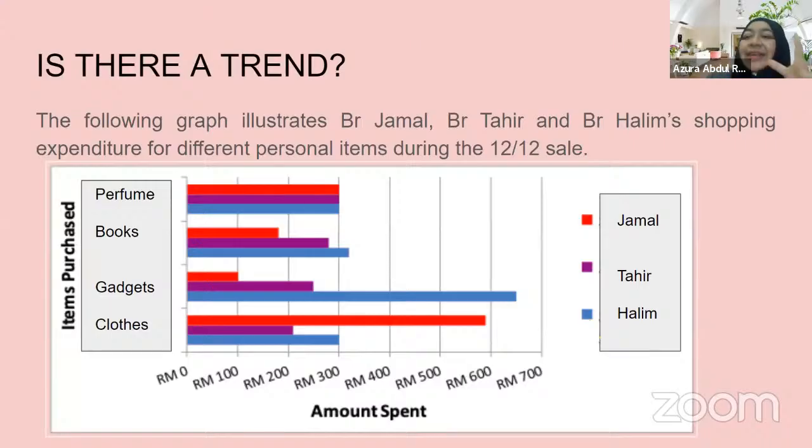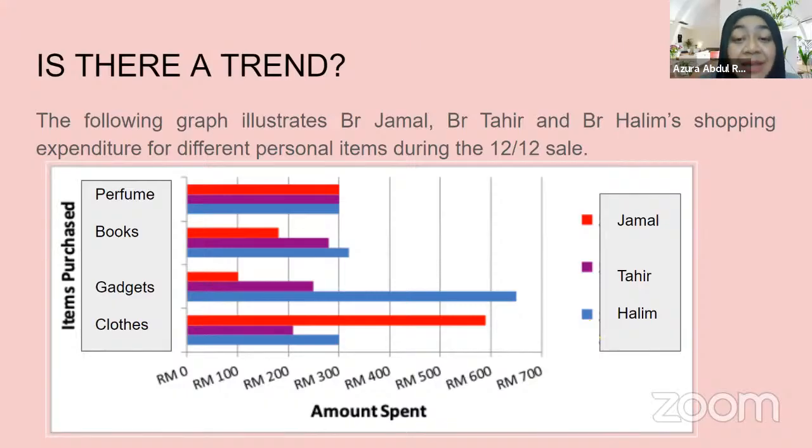So there's a variety again of how you want to describe the graph. You don't just say that Halim bought about 320 ringgit worth of books and about 650 ringgit worth of gadgets.